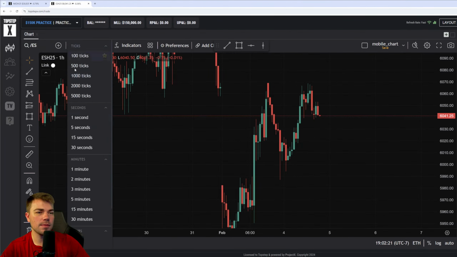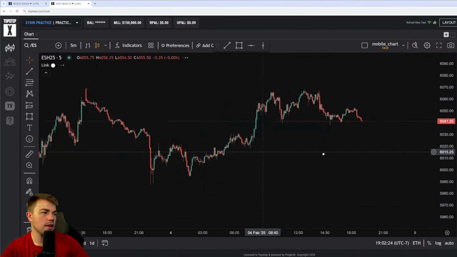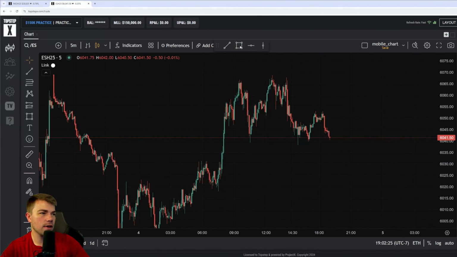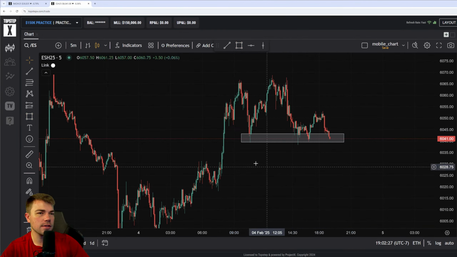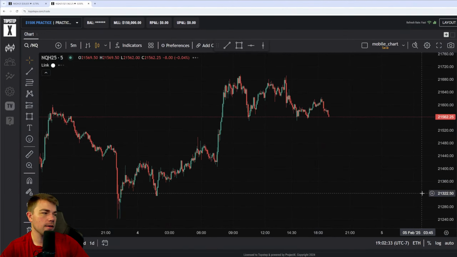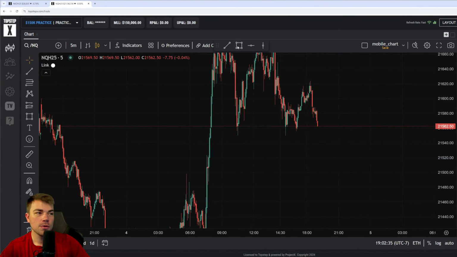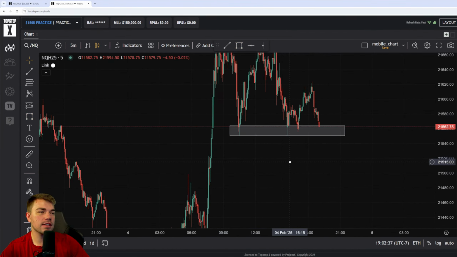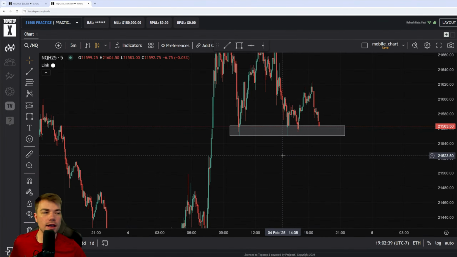Quite a bit of a sell-off. Let's zoom in. I mean, yeah, ES is selling off, right? This is a level on ES. And if we take a look at the same level, and if we compare this ES to the Nasdaq, let's take a look at the Nasdaq. And here we are. We're coming down to this level. Is this going to be a short like last night? It's starting to look like it.